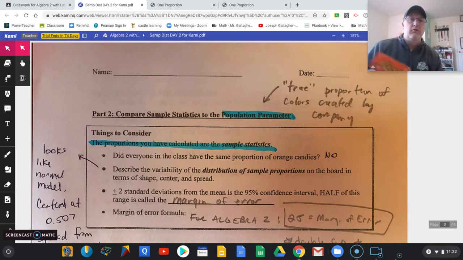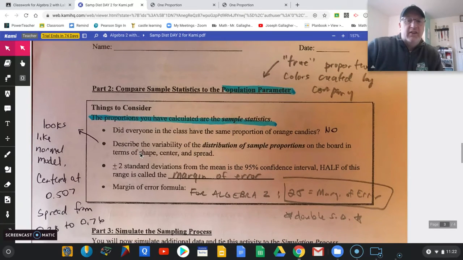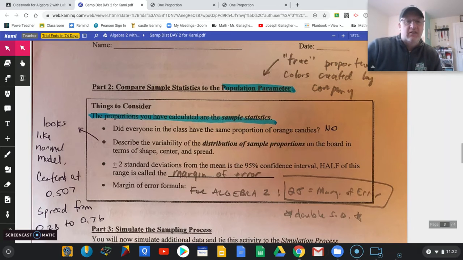We don't know the true mean or the true proportion of candies that there are, not in a bag, not in all the M&Ms or Reese's Pieces at Tops, not at all of them in the company, because we just don't usually know that information. But what we can do is use a sample and try to predict how many there are. So the proportion we had was what we call the sample statistic. And like we said, not everyone in the class had the same sample proportion. Some people had more orange, some people had less, some people did have the same.